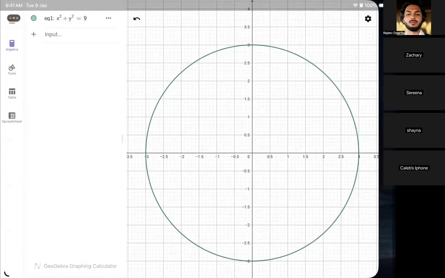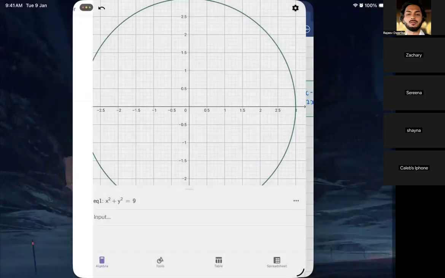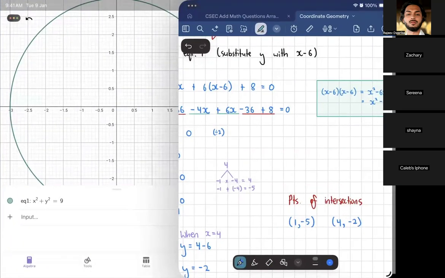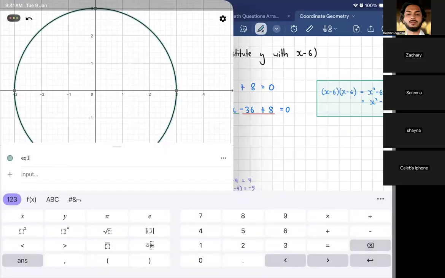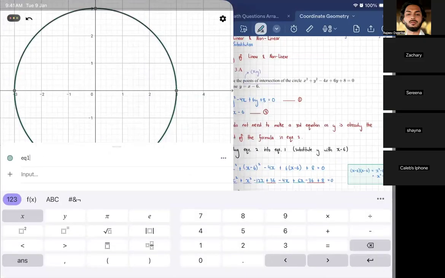So those points we found are the points where the line intersects the circle. You go see that for yourself now.